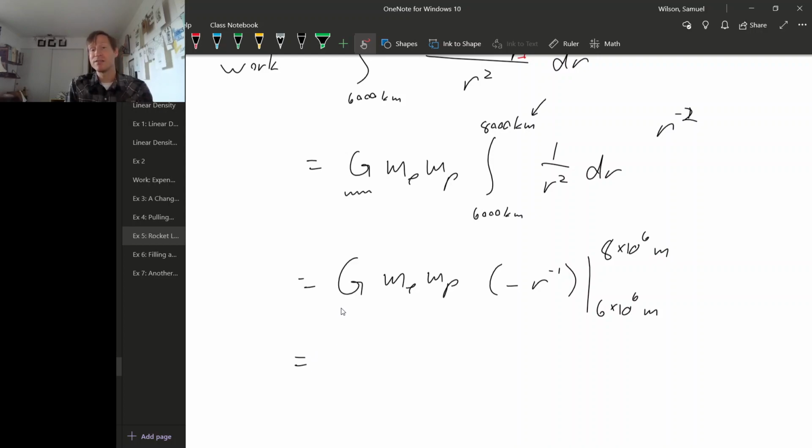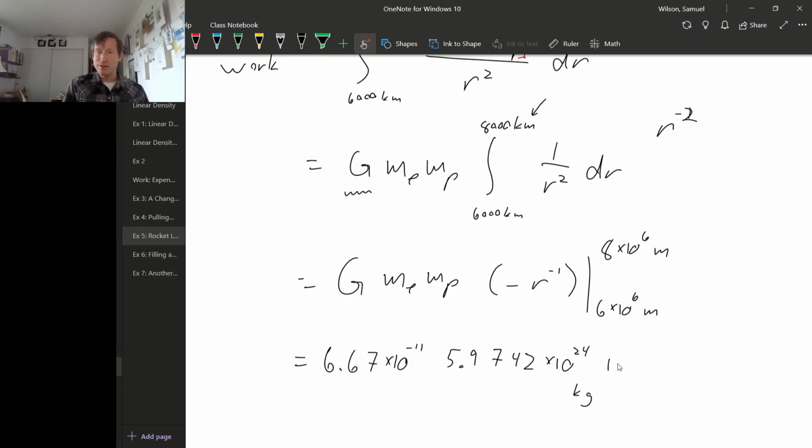And now we can plug in all these constants. Okay, G is 6.66 or 6.67, somewhere in there, 6.67 times 10 to the negative 11th. The mass of the Earth is 5.9742 times 10 to the 24th, and that's in kilograms.